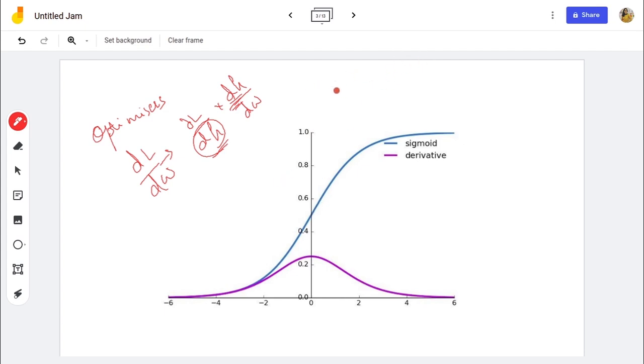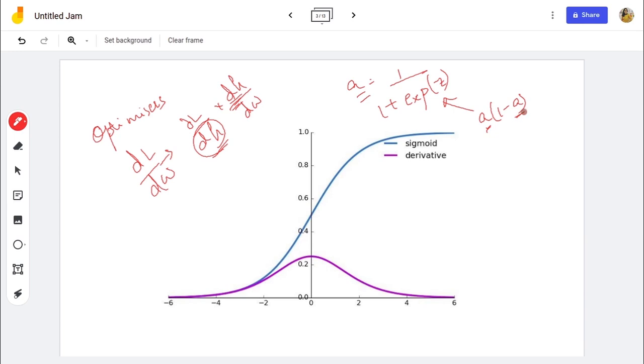So, the derivative is equal to, first let me write the sigmoid function. Now, the derivative of the sigmoid function is equal to a into 1 minus a, where a is this value, right? A good thing about this is you don't have to calculate everything because you have already calculated the value of a.